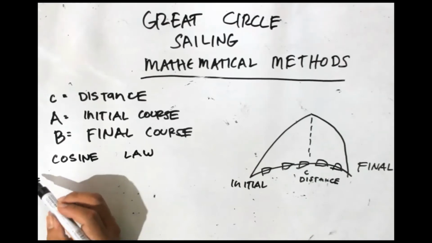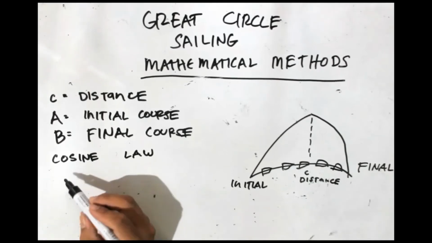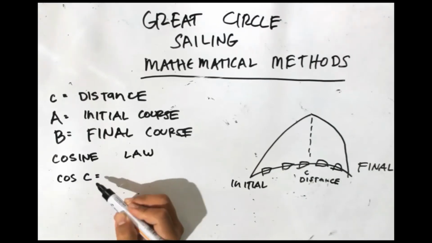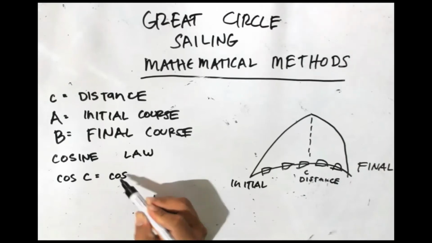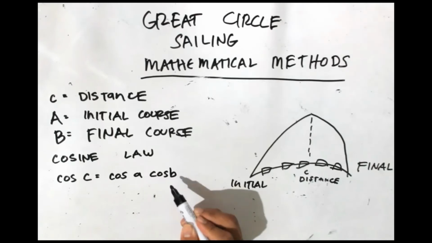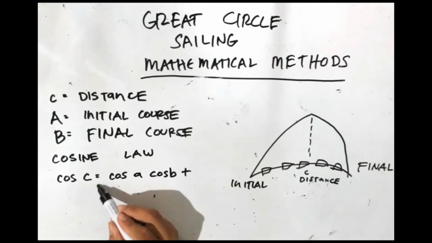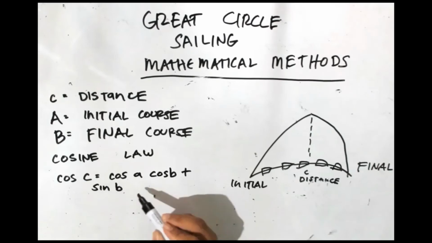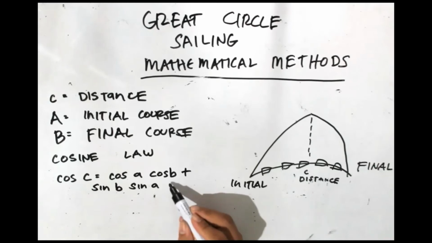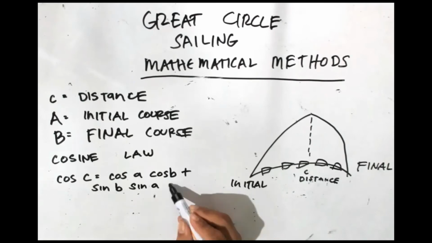Cosine c is equal to cosine a cosine b, okay, plus sine b sine a times cosine C na malaki.